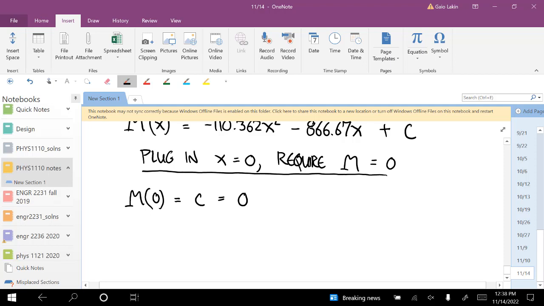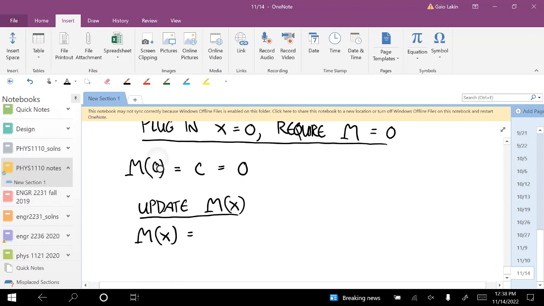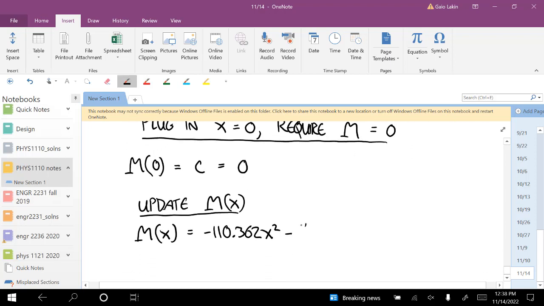So we know that the constant c has to be 0. Okay, so now we can update our function, and we get our final function that says M as a function of x is equal to negative 110.362 x squared minus 866.67 x. And that's what we got before.